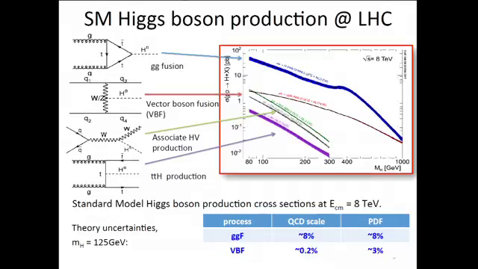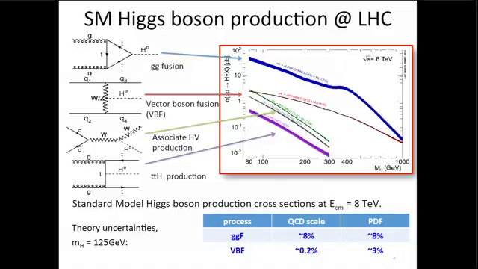Okay, so going to the Higgs boson production. Higgs boson production occurs basically through different processes. The highest cross-section is from the gluon-gluon fusion, that is this one. Then you have what is called vector boson fusion, which is this one.